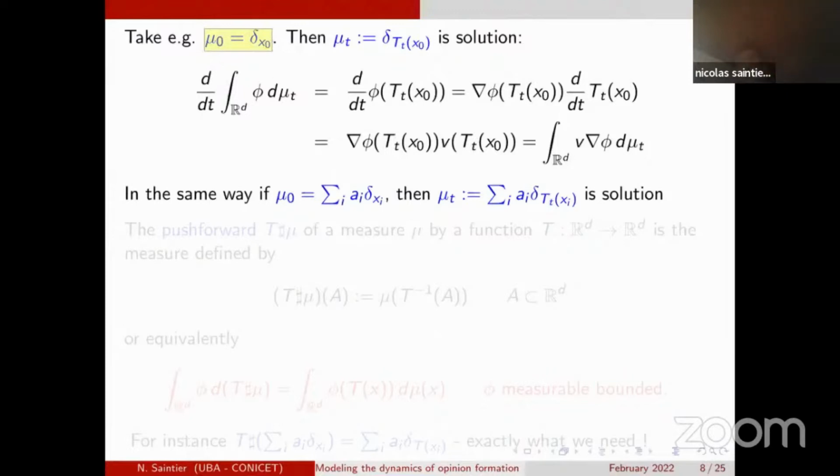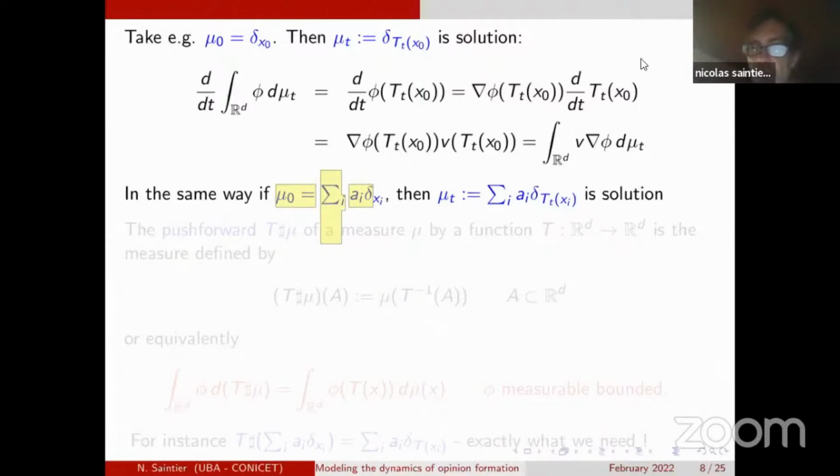We could do exactly the same, taking a convex combination of Dirac masses. Okay, and in that case, what do I have? A convex combination means that the coefficients a_i are non-negative and sum to 1. Just because I want mu naught to be a probability measure, to be non-negative and having total mass, which is the sum of the a_i, equal to 1. Right?